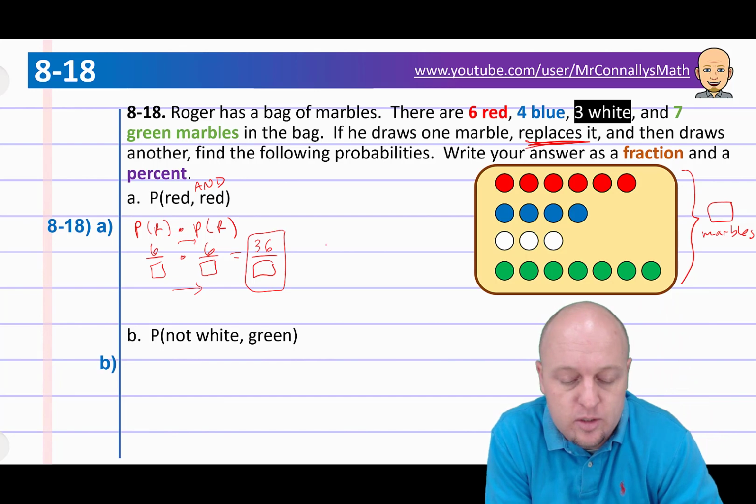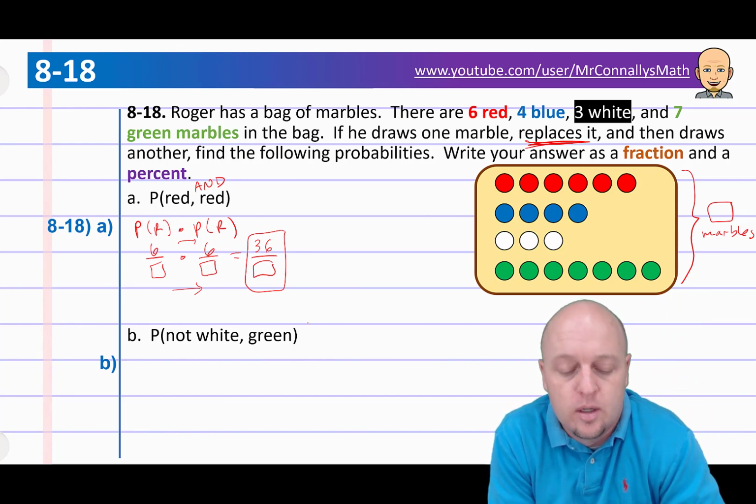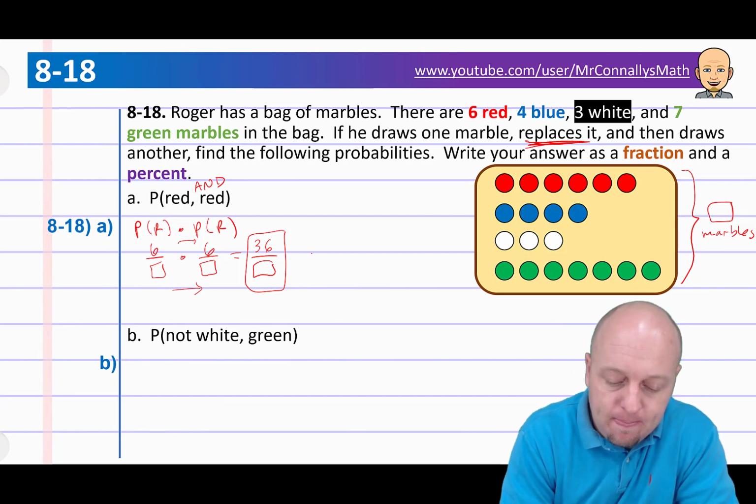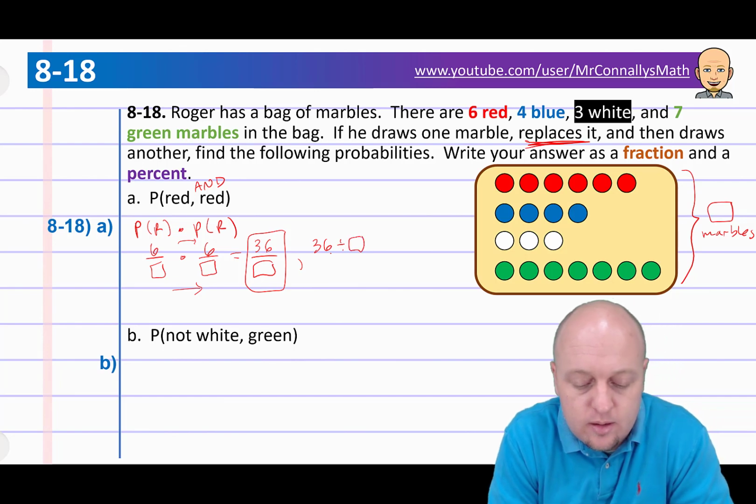Okay, and then if you can, reduce it by 2 to both the top and the bottom, or 4, or whatever. If there is a common factor, then go ahead and simplify it. It also says to write it as a percent. So that means you'll take 36 out of this, which is the same as 36 divided by the denominator.